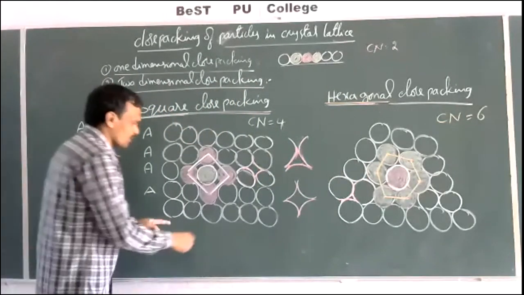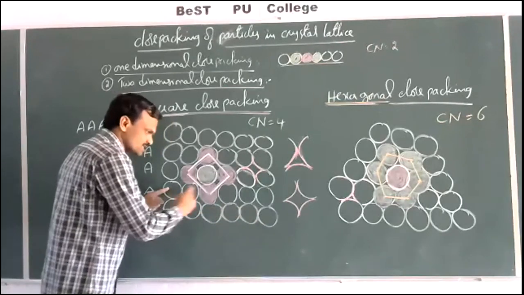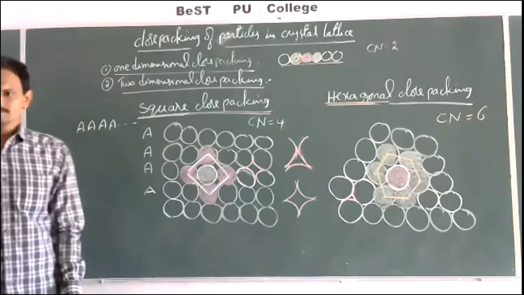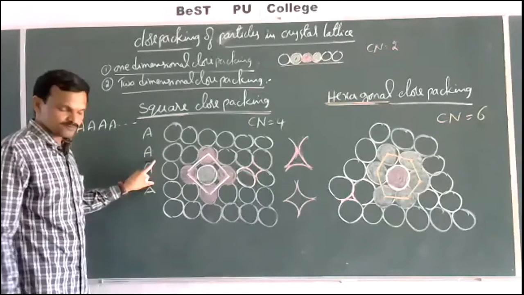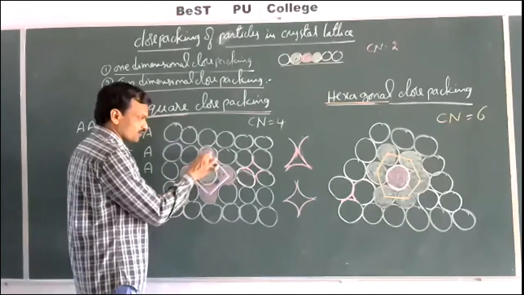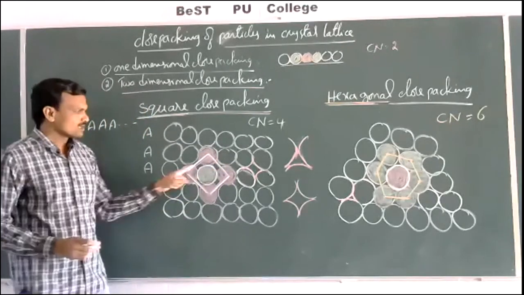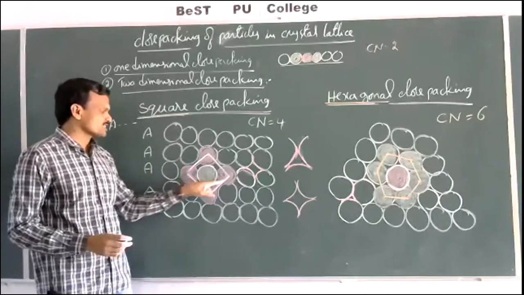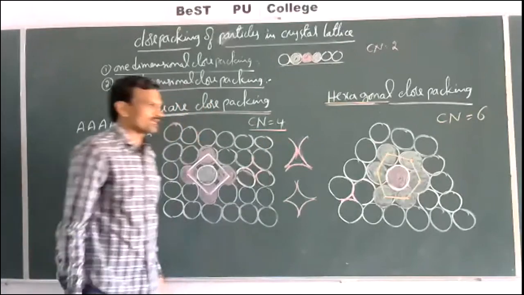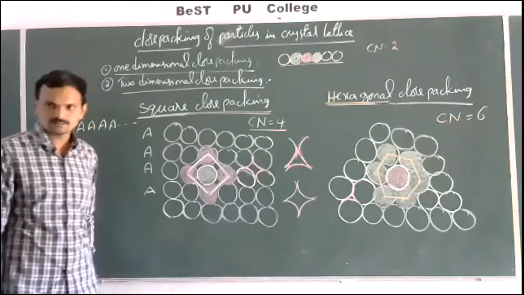One is if you place one row, and above that place the second row in such a way that the same row gets repeated, then this is the arrangement we got here. In this arrangement, each particle is in contact with 4 nearest neighboring particles. That means the coordination number of each particle in this close packing is 4. So the coordination number in a two-dimensional square close packing is 4.